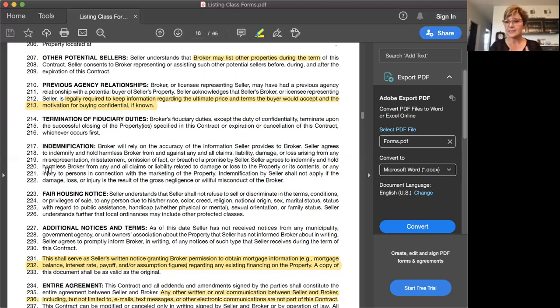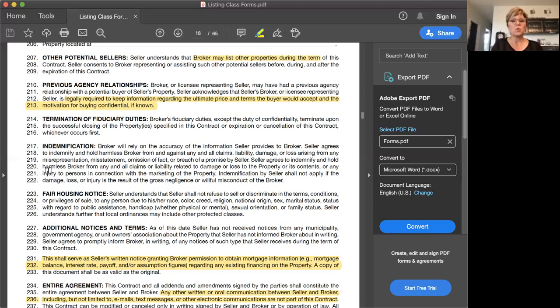Okay. I still owe that buyer the fiduciary responsibility of confidentiality. I am legally required to keep information regarding their price, terms that they would accept or want when they buy a house, confidential. Okay. I can share everything else, but I just can't share their confidential information about price and terms.